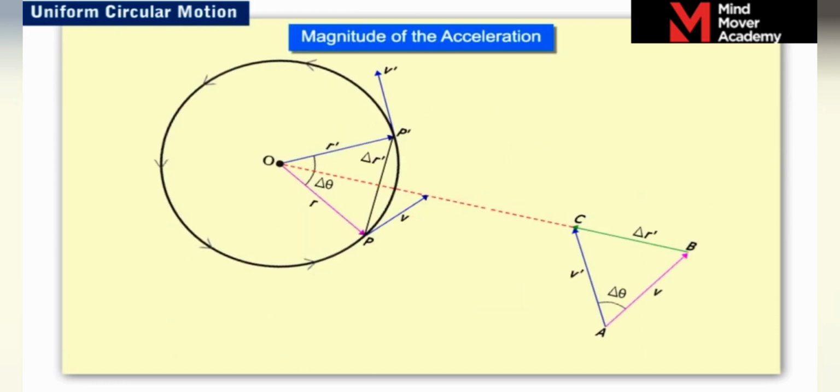Now, let us find the magnitude of the acceleration. As you know, the angle between r and r dash is delta theta. As v and v dash are perpendicular to r and r dash, the angle between v and v dash is also delta theta. Therefore, triangle OPP dash formed by the position vectors and triangle ABC formed by the velocity vectors are similar.